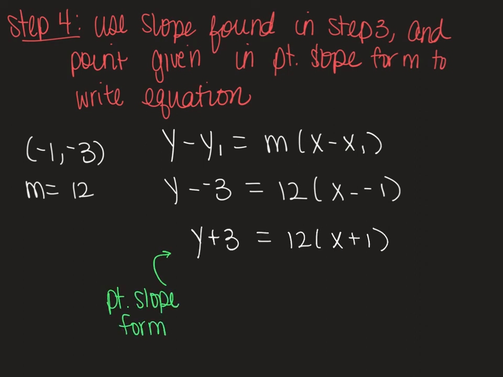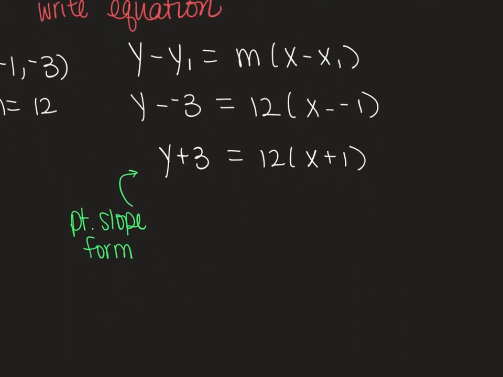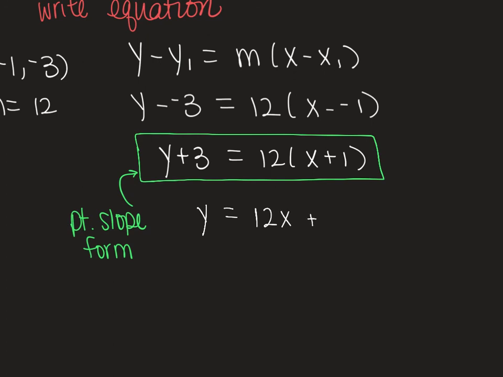If your question is asking for slope intercept form, you just have to do a little bit of rearranging. Let me just box this off. You know that this is a good answer. If you're asked for slope intercept, you have to subtract 3, and you also have to distribute. So we really have 12x plus 12 minus 3.